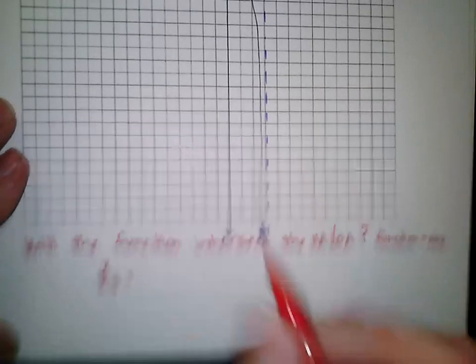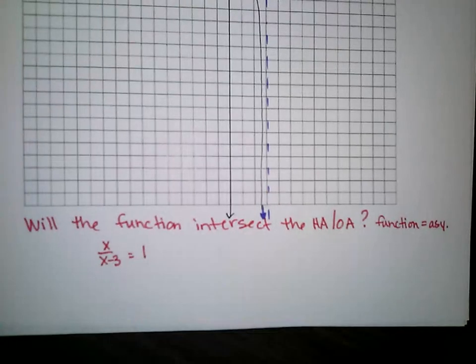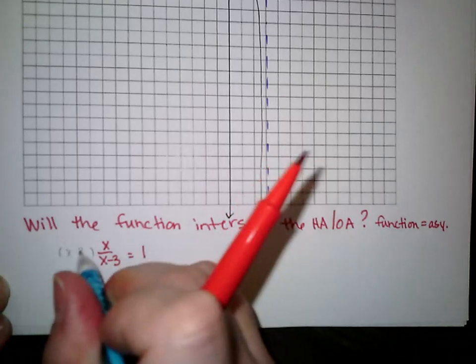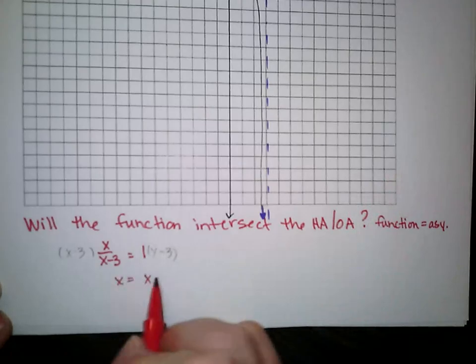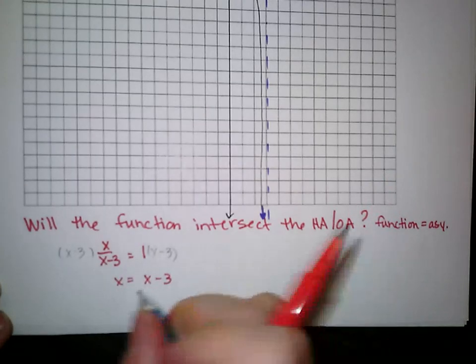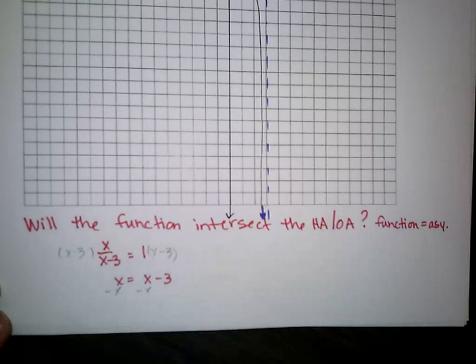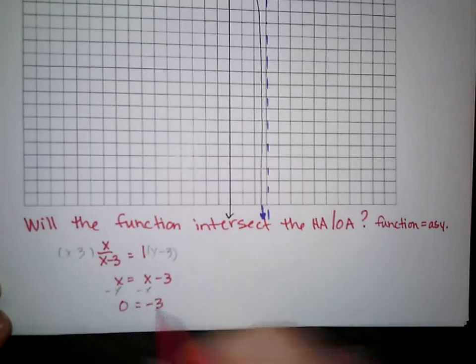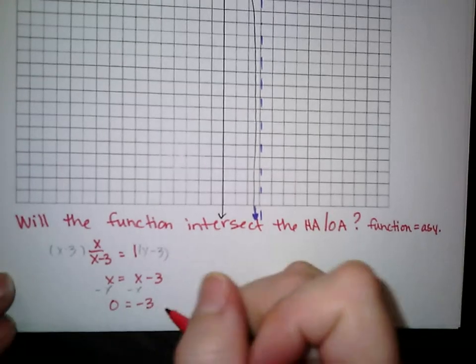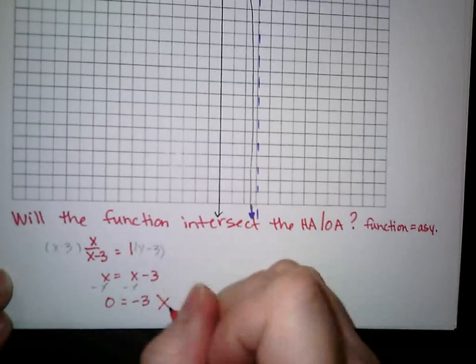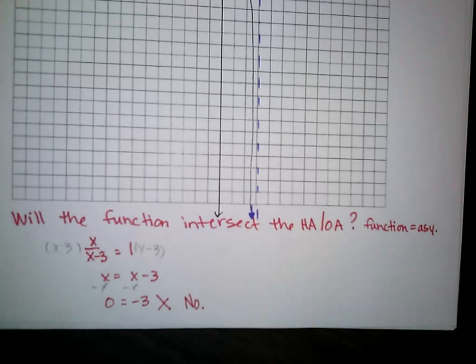Our asymptote was y equals 1. So we're going to solve that by multiplying both sides by x minus 3. So that gives us x equals x minus 3. If we subtract x from both sides, we get 0 equals negative 3. Since that is not true, we didn't get an x value, we got something that's false, then the answer to that is no. The graph will not intersect the horizontal asymptote.